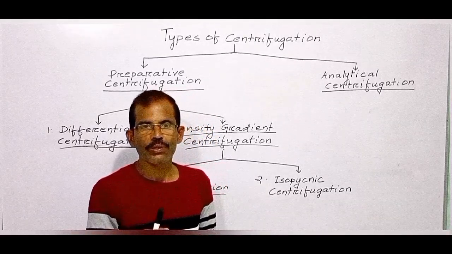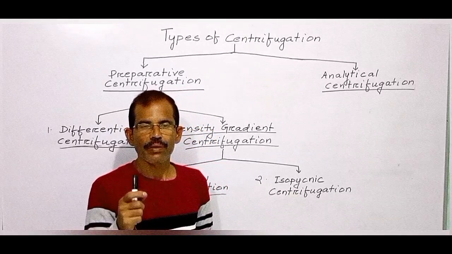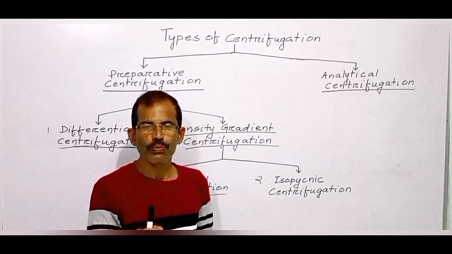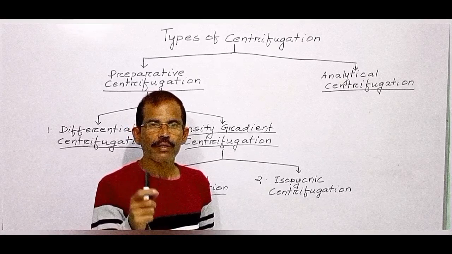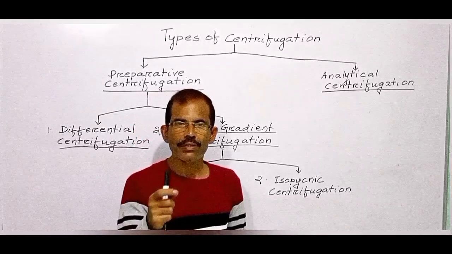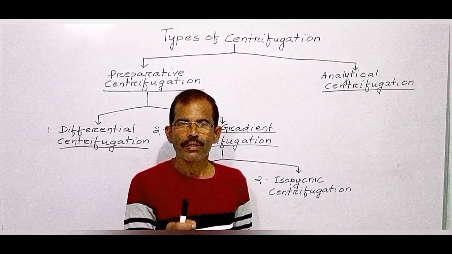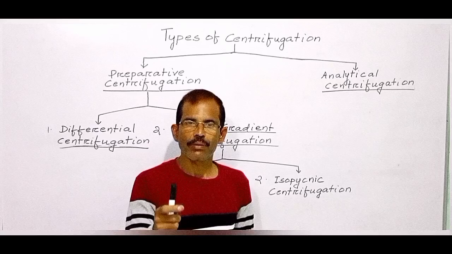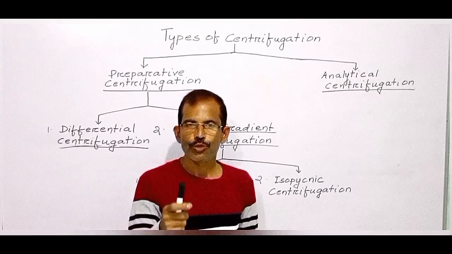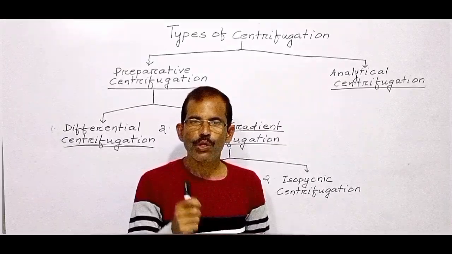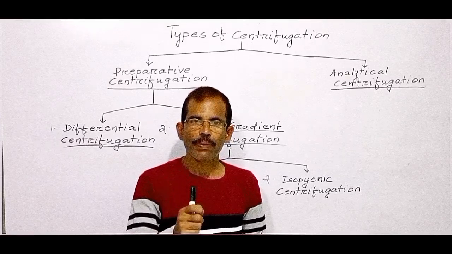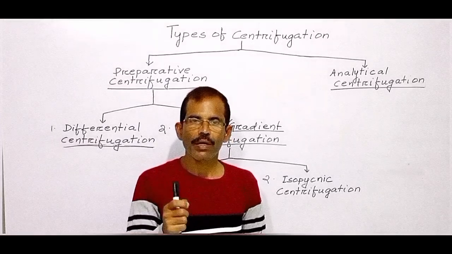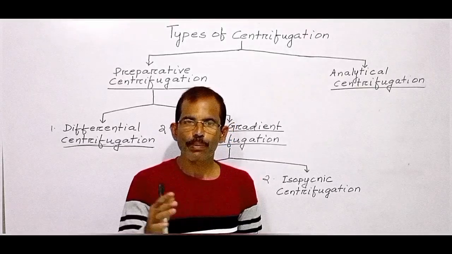During centrifugation, particles of different density will move downward through the gradient at different rate until they reach their buoyant density, at which they do not move further and become stationary and form specific band. So in this technique, particles which have different buoyant density are separated into distinct bands.